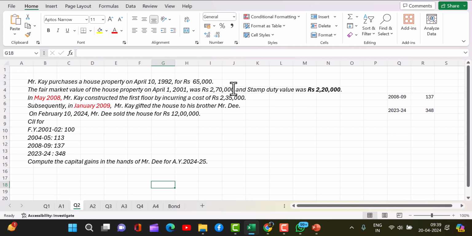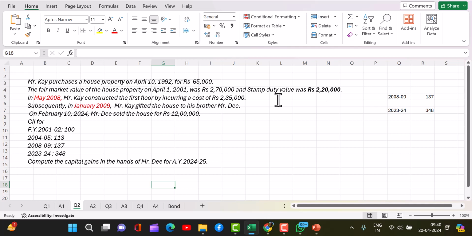So we have to choose between these three values, and we find that it should not be greater than the stamp value. Of course he can't take 65,000, because then he has to pay more tax. The fair market value is 2,70,000, whereas the stamp value is 2,20,000, so he has to take the lower value, that is the stamp duty value.